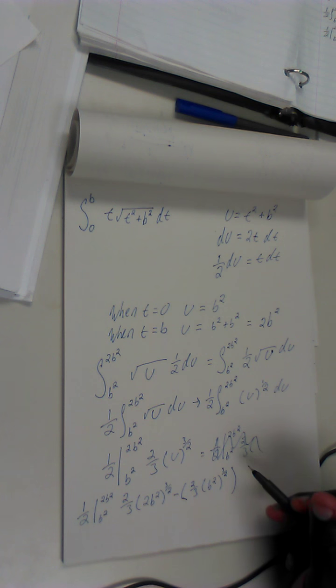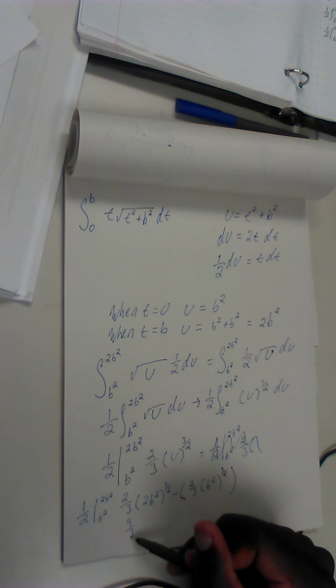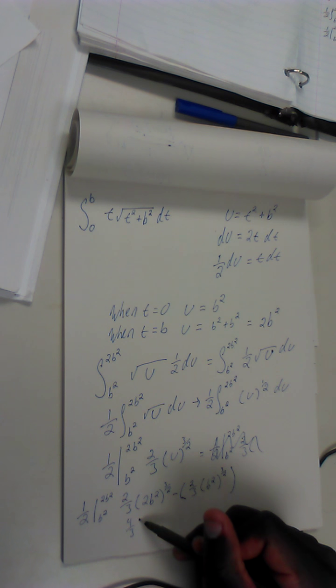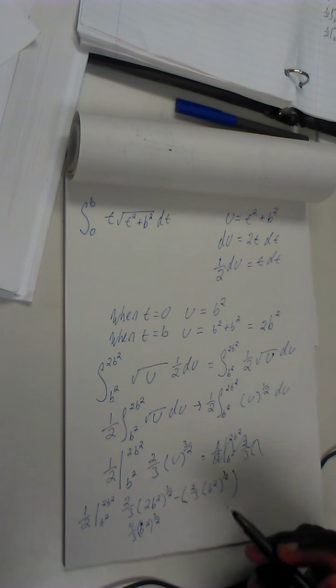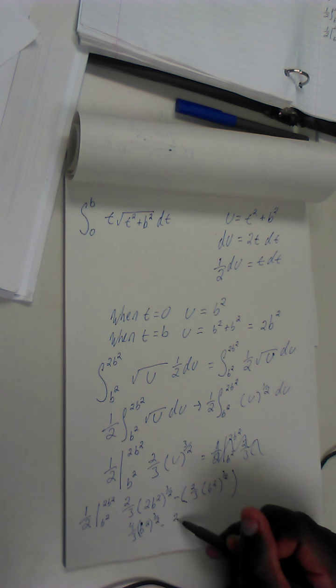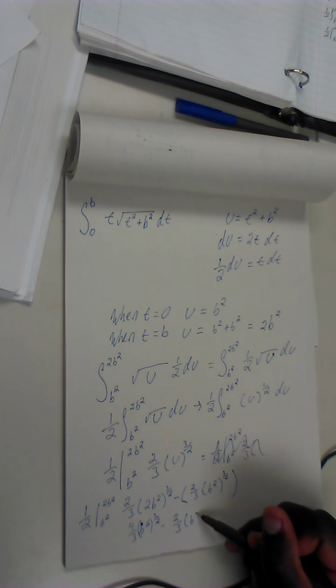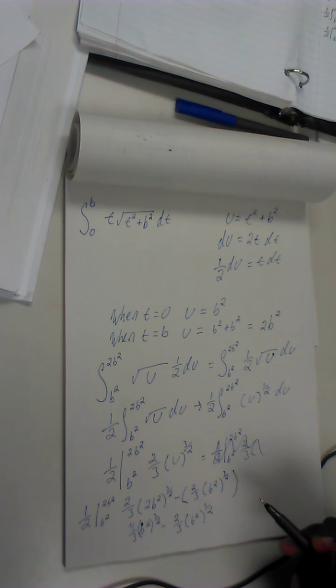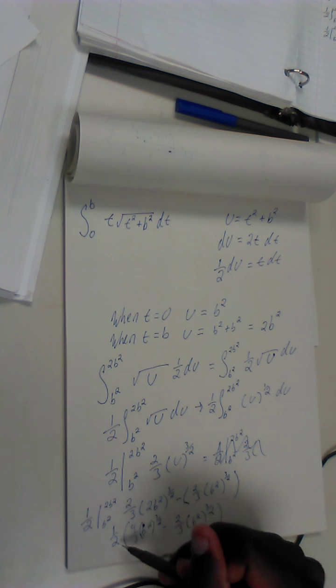Now let's go ahead and distribute this 2/3. So 2/3 times 2 is what, 4/3? So we're looking at 4/3 b squared to the 3/2 minus 2/3 b squared to the 3/2. And remember, you have to distribute the 1/2.